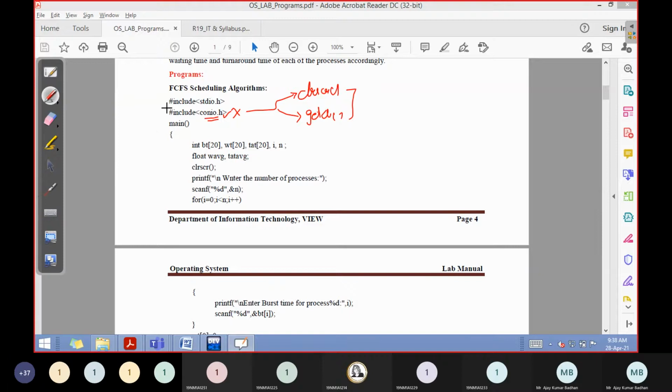Since in Dev C++ we are not going to use both commands, you don't have to write this one. So I am giving it from the Turbo C point of view. If you're executing the programs in Dev C++, make sure you're not writing this header file. Only one header file we require, the standard input output header file.